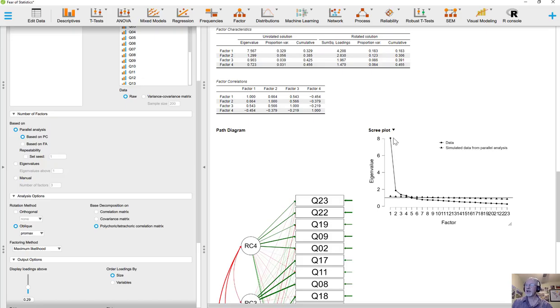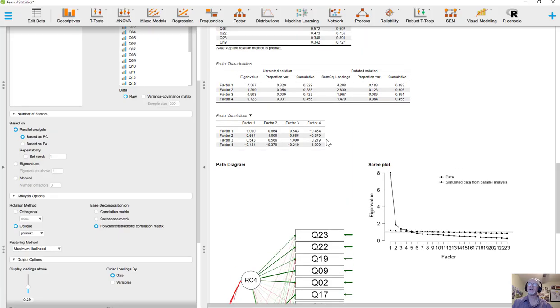You'll notice that the first factor is accounting for a lot of variance. In fact, you can see up over here that initially it has an eigenvalue of 7.567, that it accounts initially for 32.9% of the variance in all of the items.